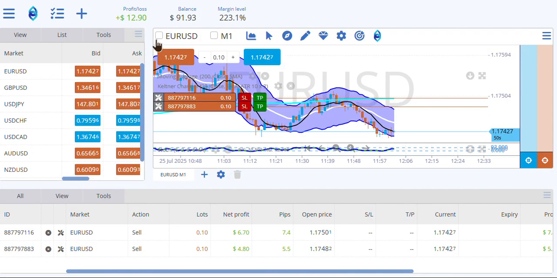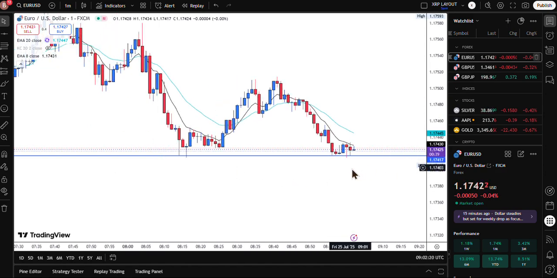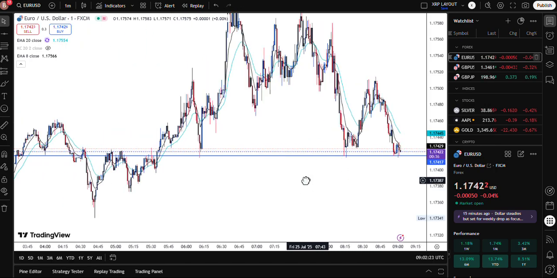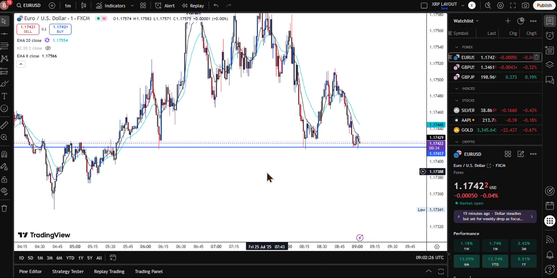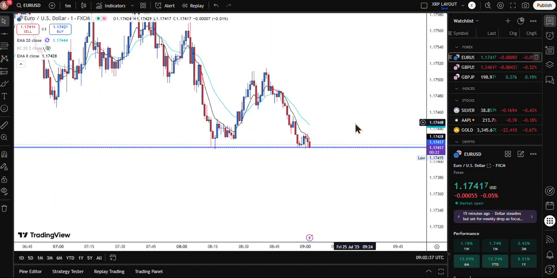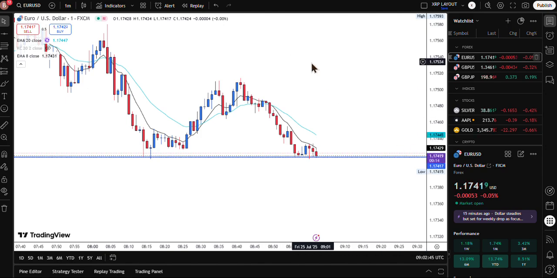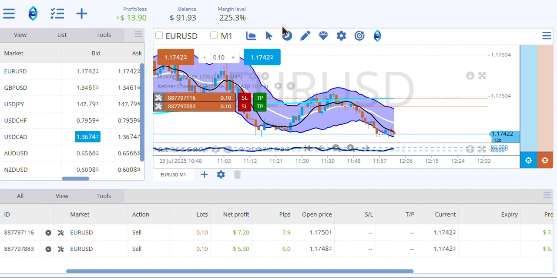None of it is breaking through the line. It's not breaking through that trend line right here, which would be, we have to form another lower low. It's trying.